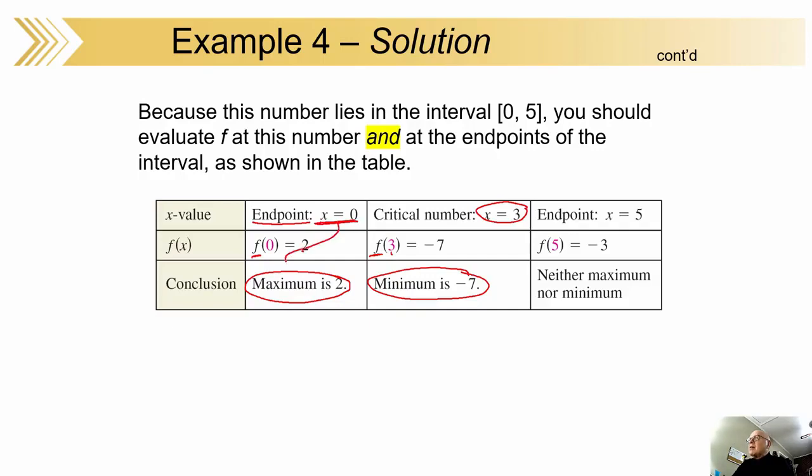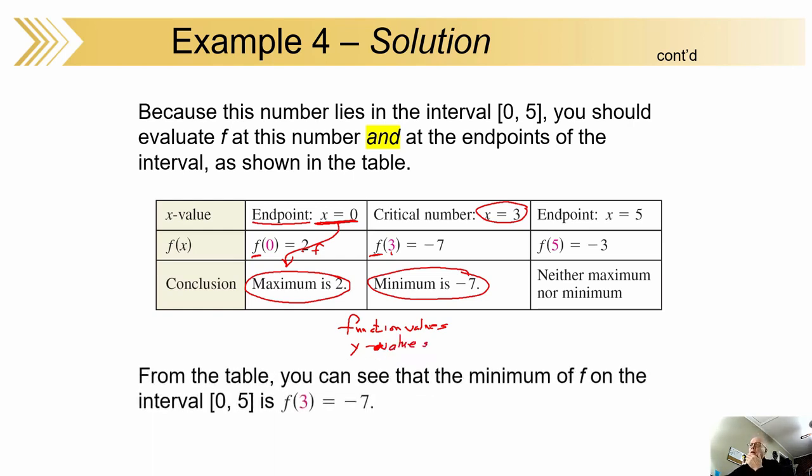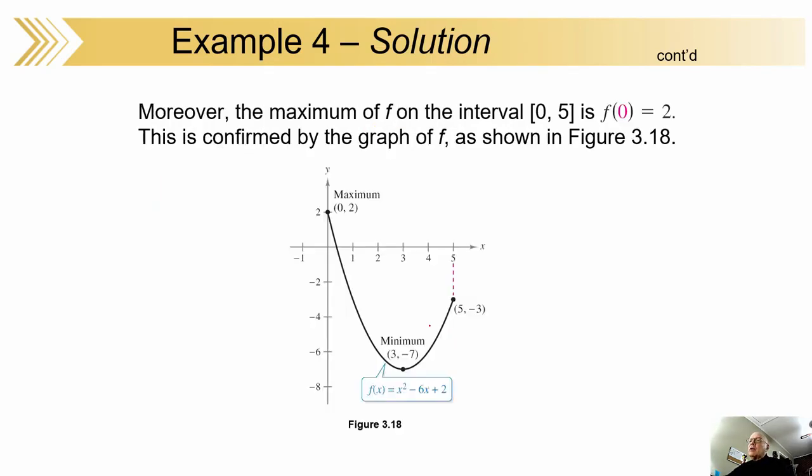This points through f, it points to what the maximum is. The maximum and minimum values are function values, or, if you want to say it this way, y values. So we've got a minimum of negative 7 on the interval and a maximum of 2.